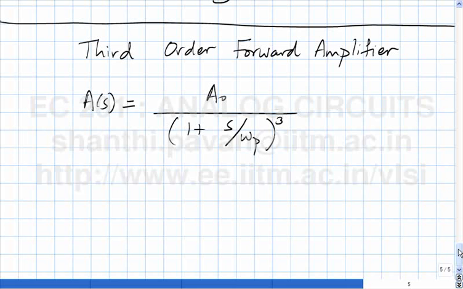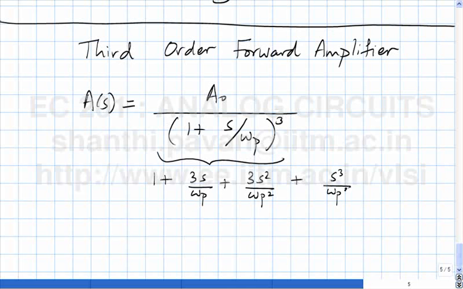So what happens now with the closed loop system is simply 1 plus 3s by omega P plus 3s square by omega P square plus S cube by omega P cube. So all I have to do is replace S by omega P in the expression for the first order system by this beast here.